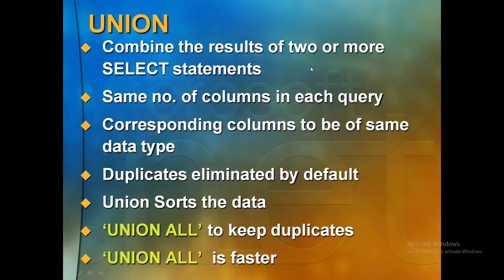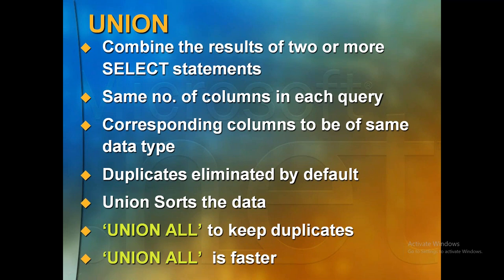So, combine the results of two or more select statements, same number of columns in each query, corresponding columns of the same data type, duplicates eliminated by default. If I use union, union sorts the data. Union all keeps the duplicates, and union all is fast. Clear? So this is very, very important.